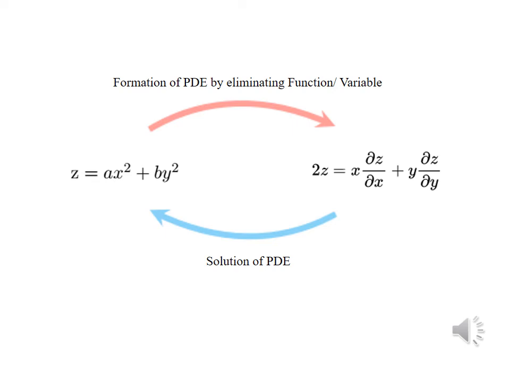Also, please keep in mind that formation of partial differential equation by eliminating function or variable is a process where you differentiate or partially differentiate the given function and introduce partial derivative to get partial differential equation.